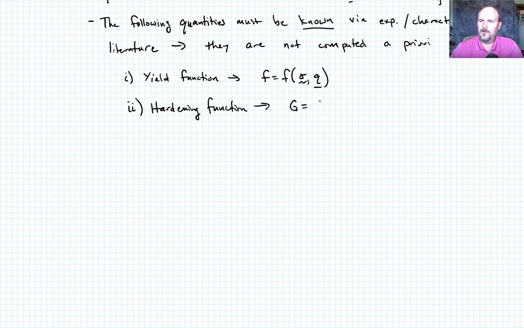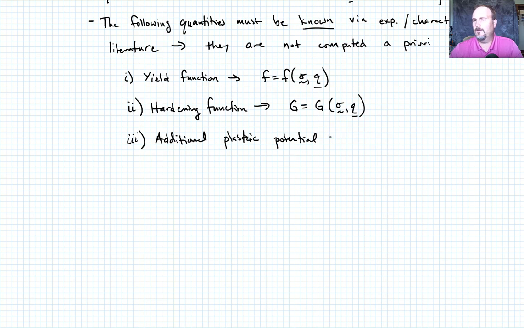Remember that's also G as a function of sigma and Q. And then sometimes, if you have a non-associative rule, you'll also need an additional plastic potential, which would be also some little g I'm writing here.